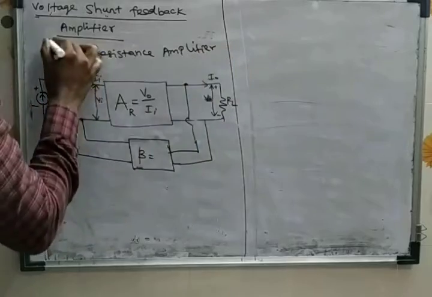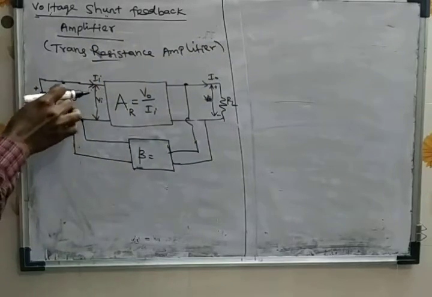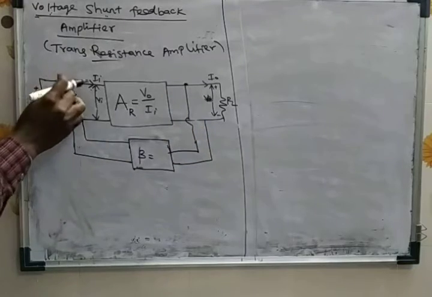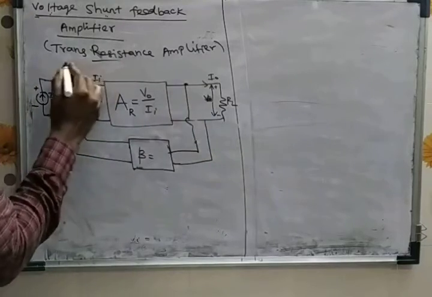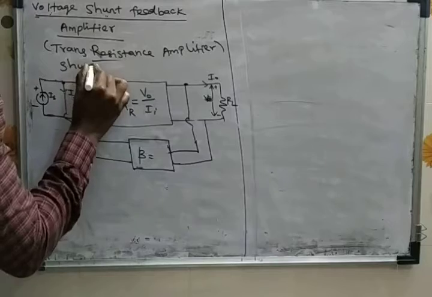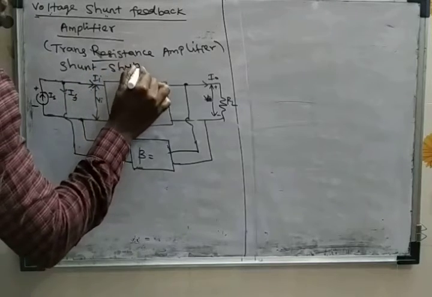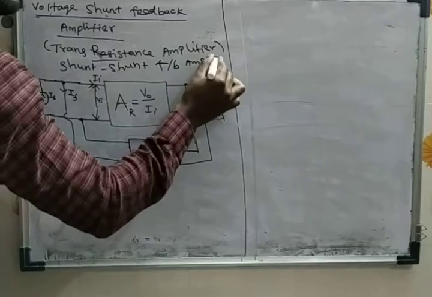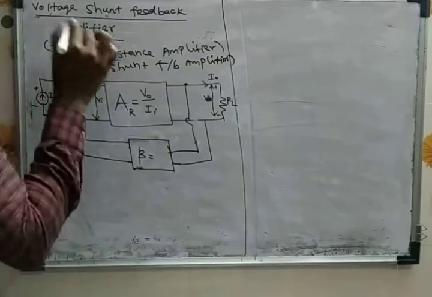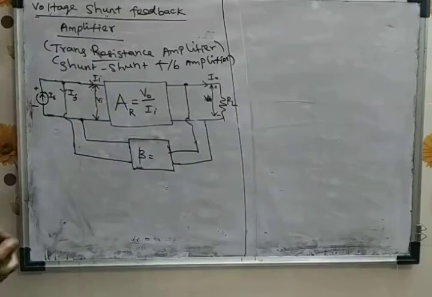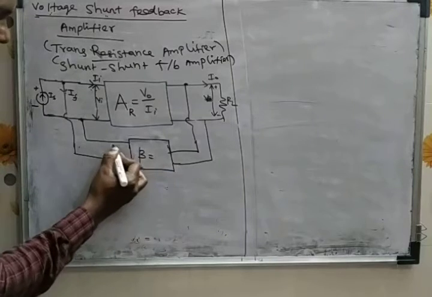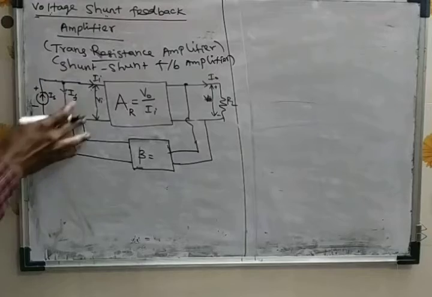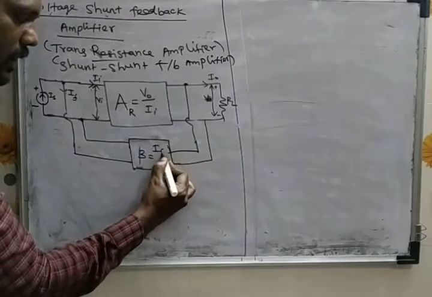In another way, we can say shunt feedback amplifier. Here also shunt. So your beta is, here the output is current mixing, so you have IF.